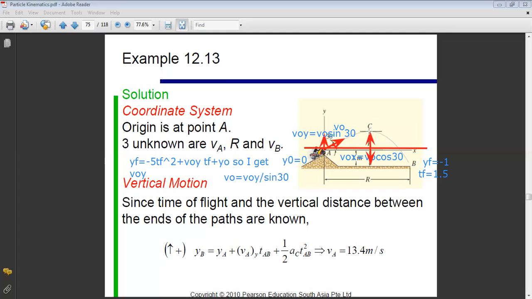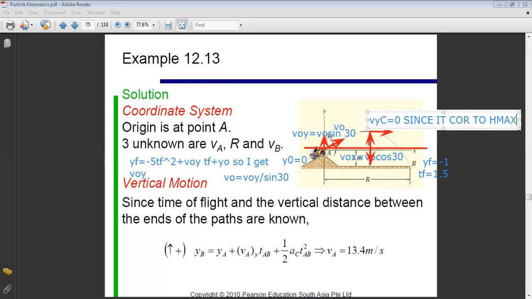So at any location you will have Vx, but what will be 0 is Vy. So at the maximum height, Vy at point C is equal to 0, since it corresponds to H max.